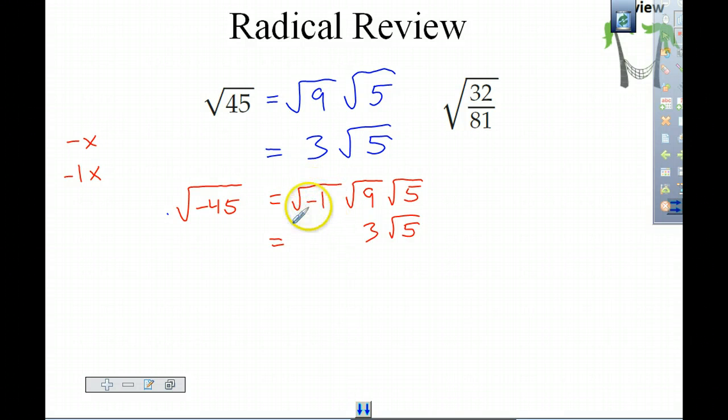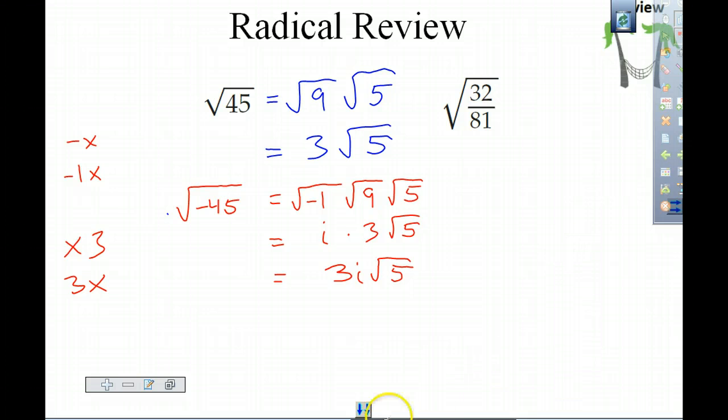As I mentioned before, we're going to call this i. And just like before, if we had x times 3, we'd write 3x. Same thing here. If we have i times 3, we're going to write that as 3i. I always put that coefficient first.